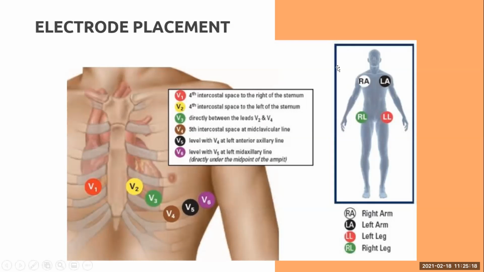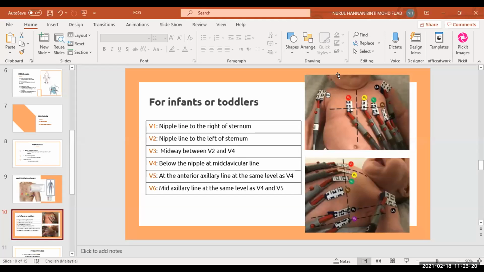After that, for infants or toddlers, because there will be difficulty feeling the intercostal space, we can just use this guide. For the V1, we put it at the nipple line to the right of the sternum, while V2 is parallel to it at the left of the sternum.